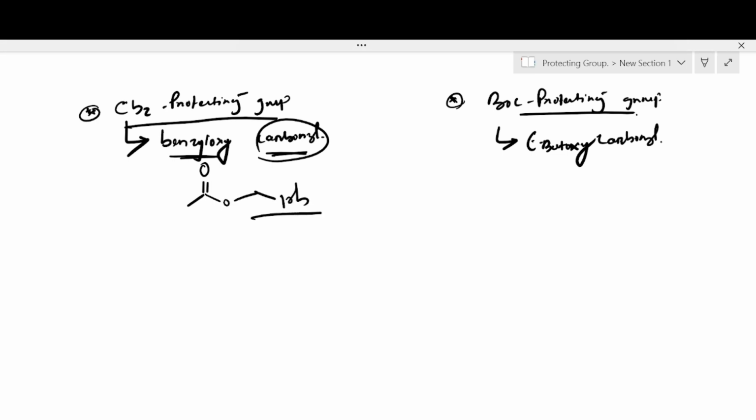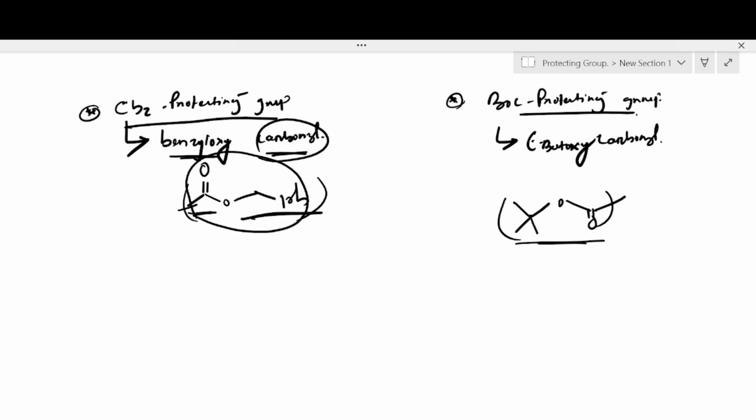See, this is the benzyl group and this is the carbonyl group, and this is known as the CBZ protecting group, and BOC is tertiary butoxycarbonyl. It looks like this. This is the BOC protecting group.